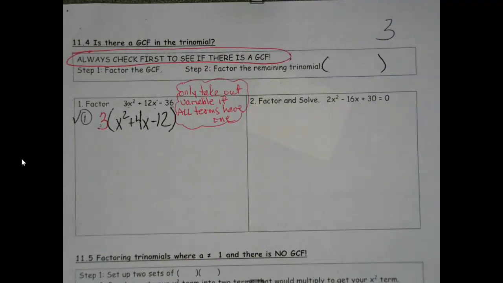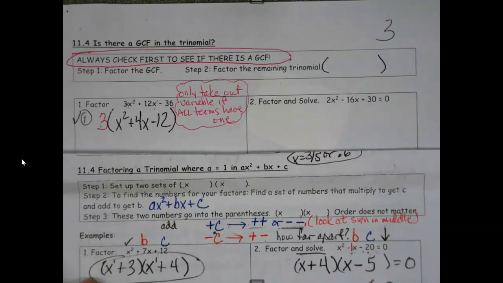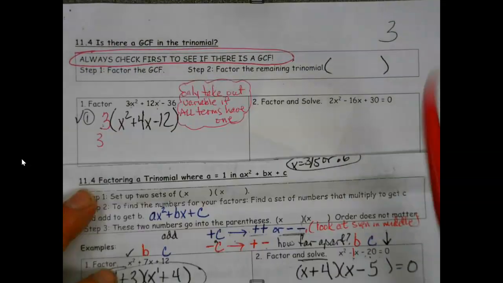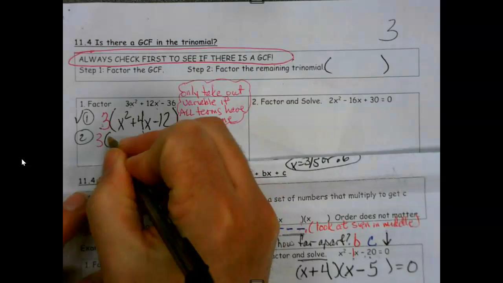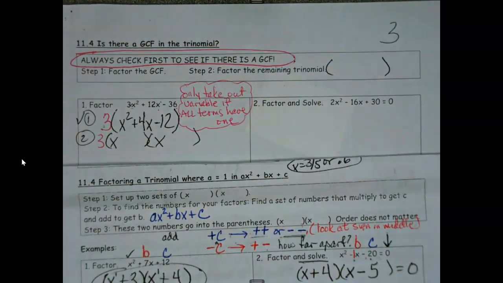So now we fast forward to what we were doing those last couple of days before the quiz. This is the one where we put x's in both of these.